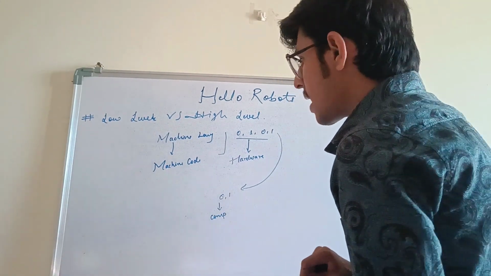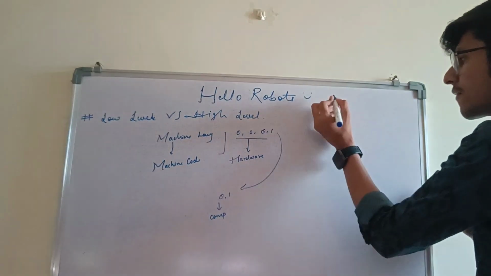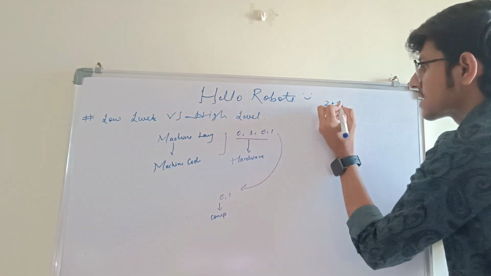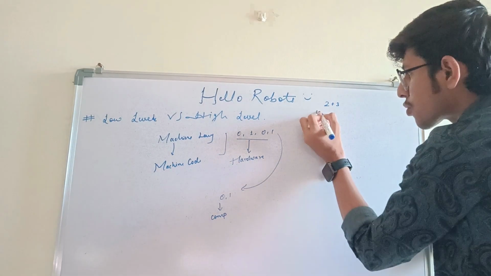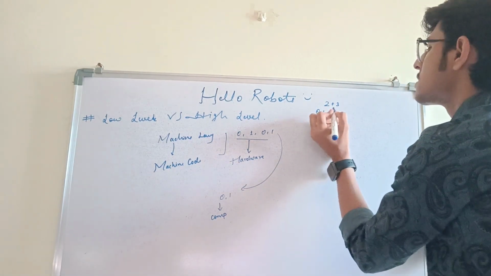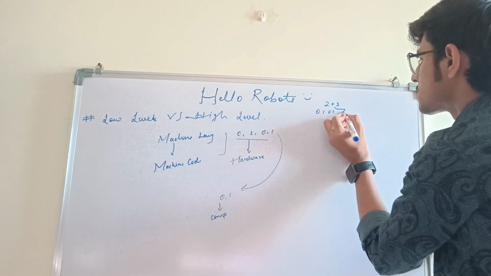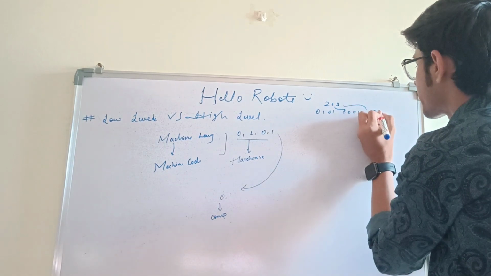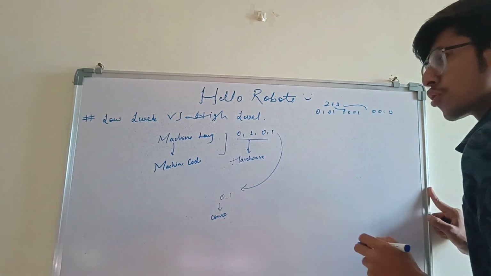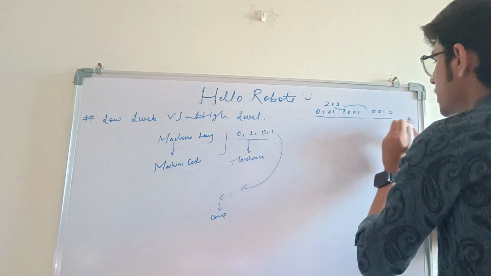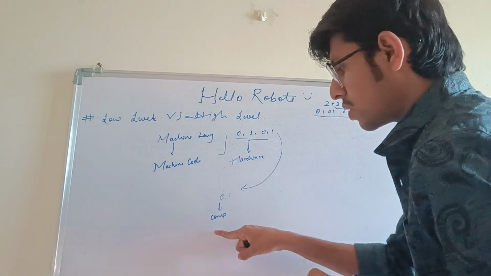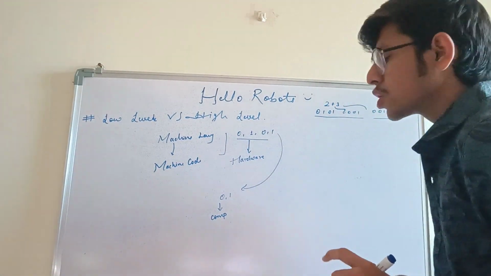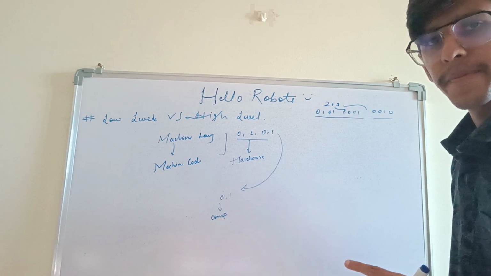Correct? Just suppose I have to write a code for 2 plus 3. We have to write some zeros and ones. There is some formula for 2, like 0 0 0 1 0, and for 3 as well, something. So once we write this code, the computer will directly understand that you want to add 2 plus 3.